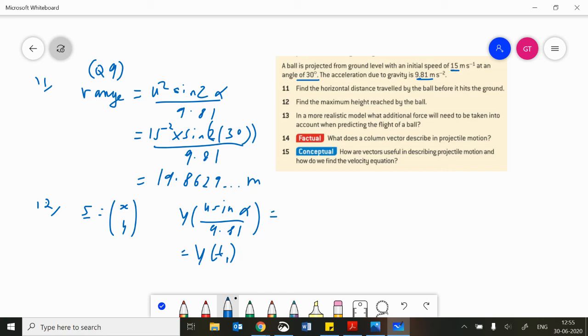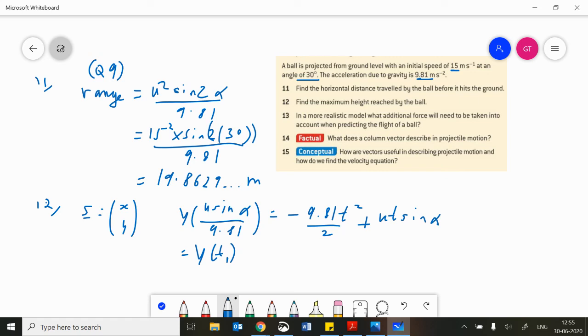Now into Y, well, Y actually had a function as well. If you remember, Y was equal to minus 9.81 t squared over 2 plus ut sine of alpha.